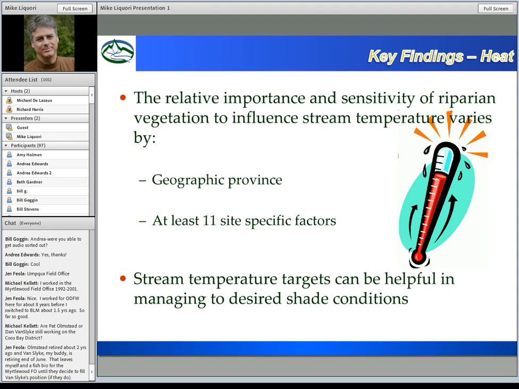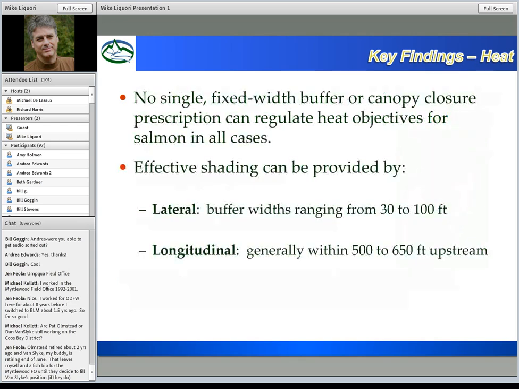And some of those factors are actually stronger controls for temperature than shade. Shade is actually a fairly weak factor when you look at some of the multiple regression relationships between temperature and shade. So stream temperature targets can be helpful in managing to a desired shade condition, but not exclusive to it.